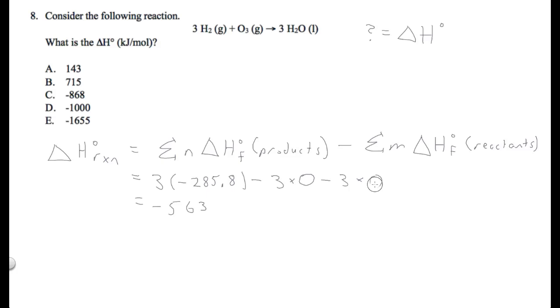Oh, that's O3 gas, that's 142.7. Okay, so again, that's why I was warning you earlier. It is very easy to accidentally pick the wrong number from this table. You have to be very careful to look at the exact details to make sure you're getting the exact right number from the table.